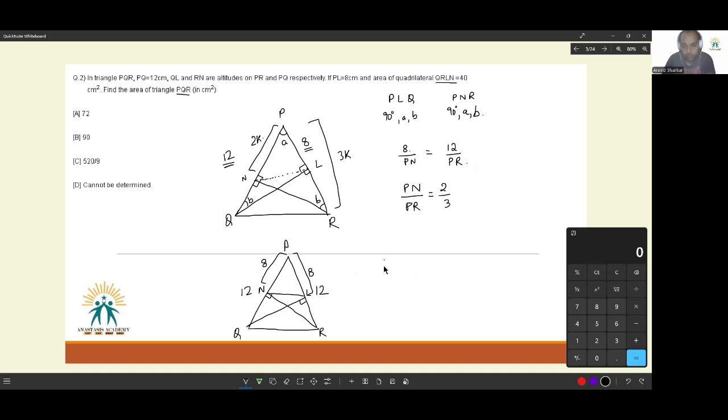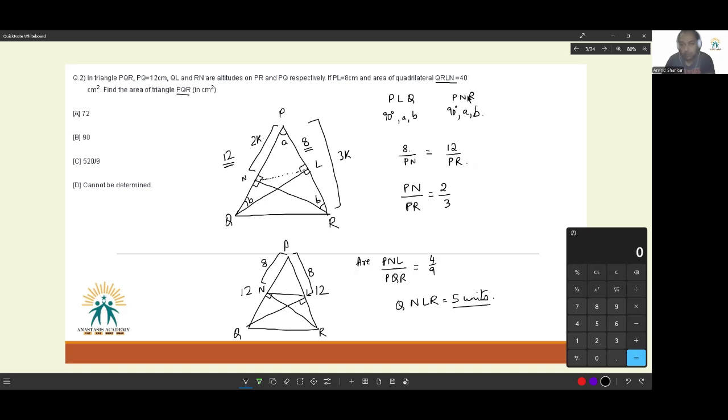So PNL area by PQR will be equal to 4 by 9. The dimensions are 2:3, so area will be 4 by 9, which would mean area of QNLR or QRLN as they have stated will be equal to 5 units.